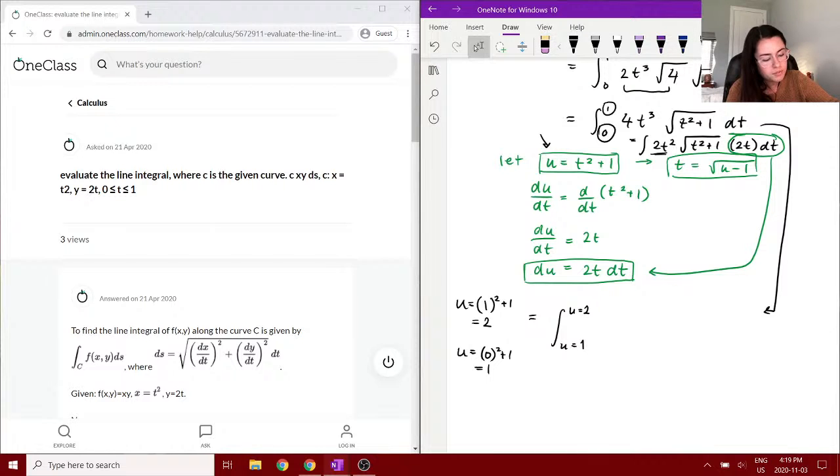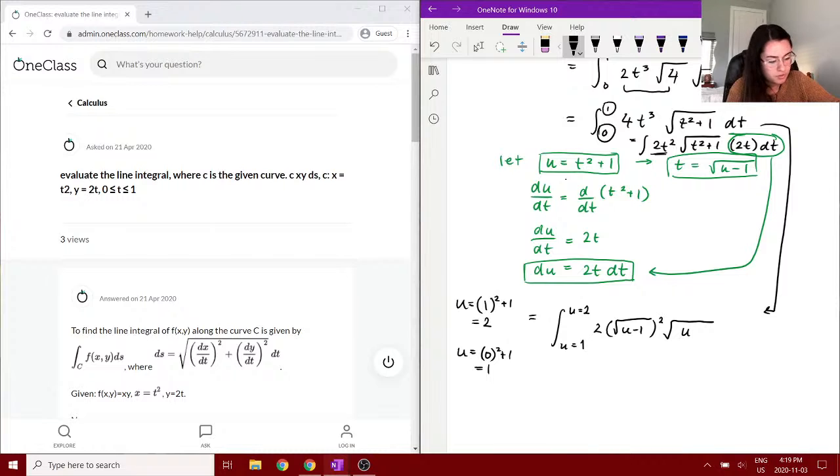The 2t squared term, right? So 2, and then if we're subbing in t squared for this t that we found here, we have the square root of u minus 1, and square that. If we remember, we're saying this is t, so we need t squared, times, underneath the square root, instead of t squared plus 1, remember we said that we wanted to let u equal that.